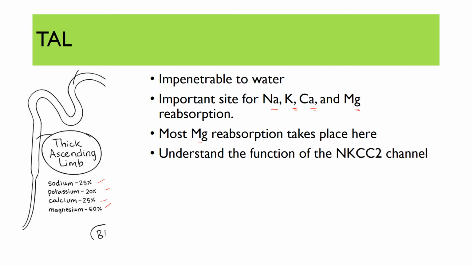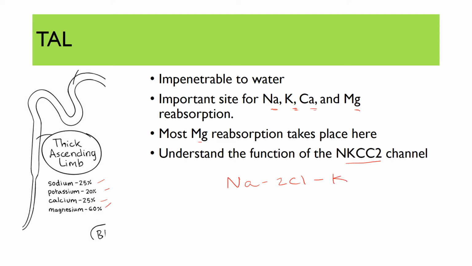In order to talk about the function of the thick ascending limb and how these 4 different solutes are reabsorbed, we are going to focus on the NKCC2 channel, which is sometimes written as Na2Cl K channel.